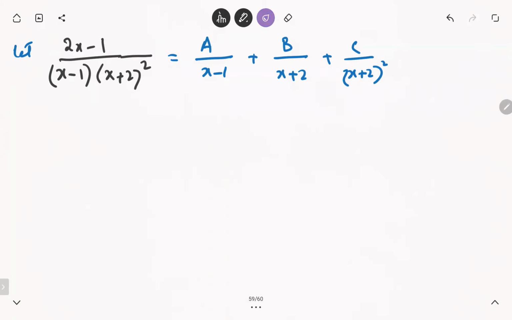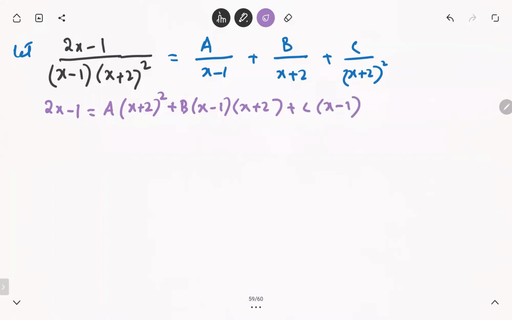Repeat the same steps, multiply x minus 1 into x plus 2 whole square on the other side. So you will get 2x minus 1 is equal to, a will get multiplication with x plus 2 whole square, b will get multiplication with x minus 1 और एक x plus 2 कैंसिल हो जाएगा और एक x plus 2 रह जाएगा, and c will get multiplication with x minus 1 only.